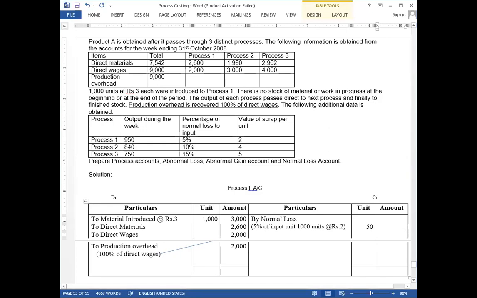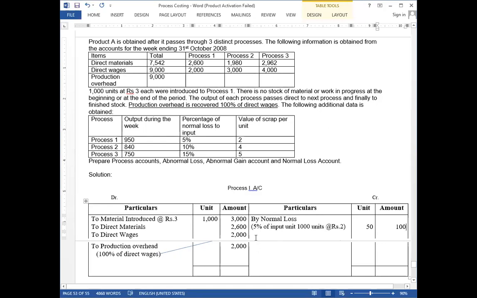So 50 into 2 is 100 rupees. Step number 2 is over.